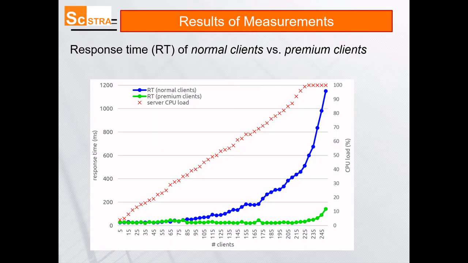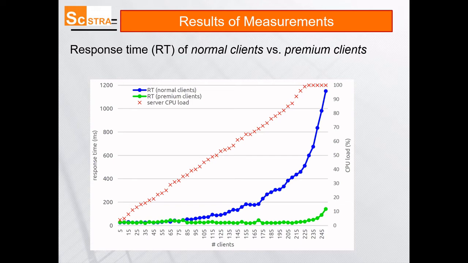And we have done a lot of experiments on that, and here you see the results of one of such experiments. What we have here is a rising number of clients, so we have the situation that more and more clients are joining the application, and we have the rising CPU load. You see here it reaches 100% at about 200 clients.